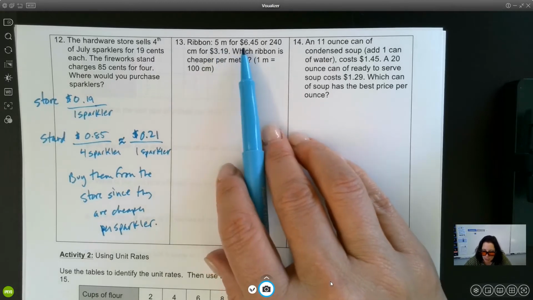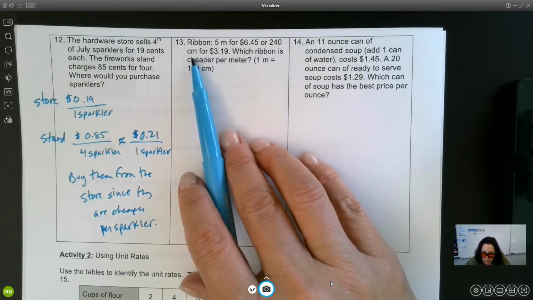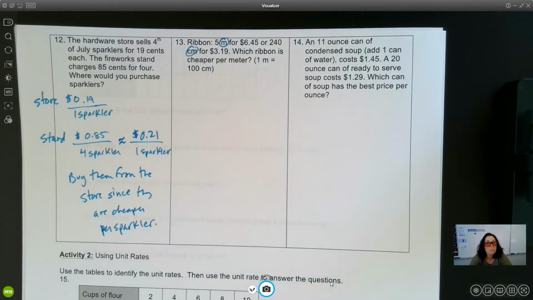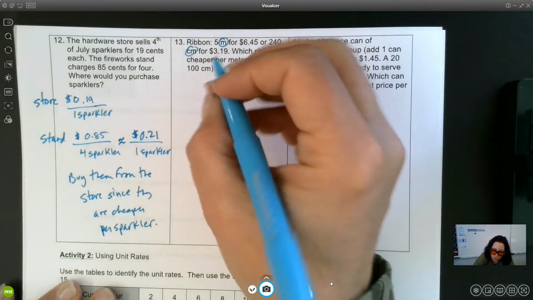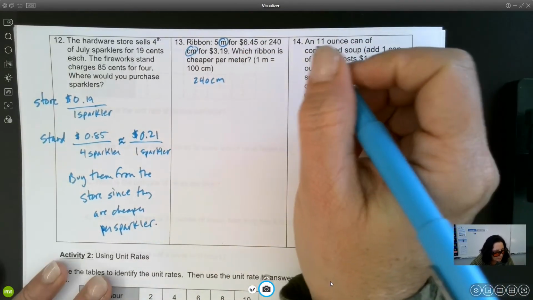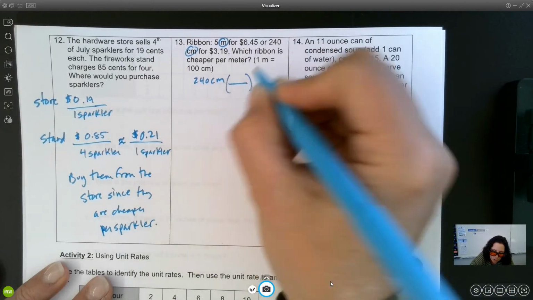We've got 5 meters for $6.45, or we've got 240 centimeters. Careful, we've got meters and centimeters. We can't compare those. We need to convert one of them. So I'm going to take this 240 centimeters and divide it. I'm going to think about the conversion for that.